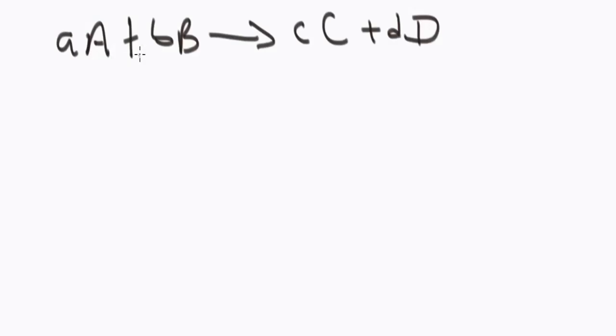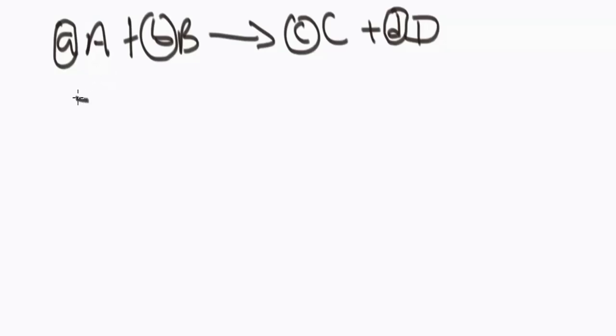Just assume that the stoichiometric coefficients are not equal. To calculate the rate of disappearance of A, we divide by the stoichiometric coefficient.